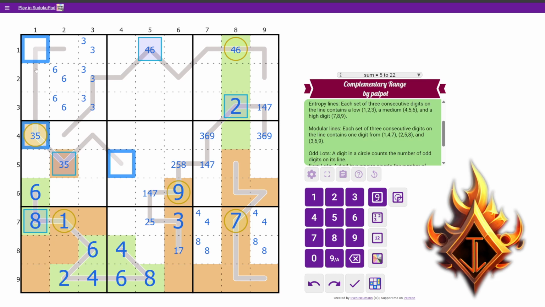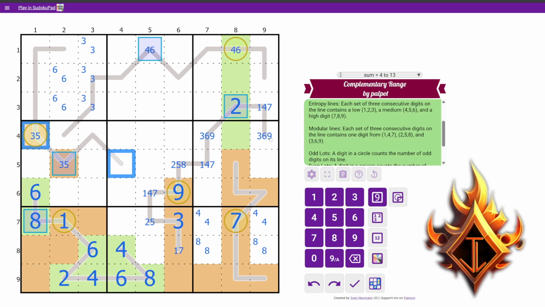It could be a 1 or 2. If it was 5, it could not. Oh, no, it could be 5 again. If it was entropy, or if it was modular. Okay.